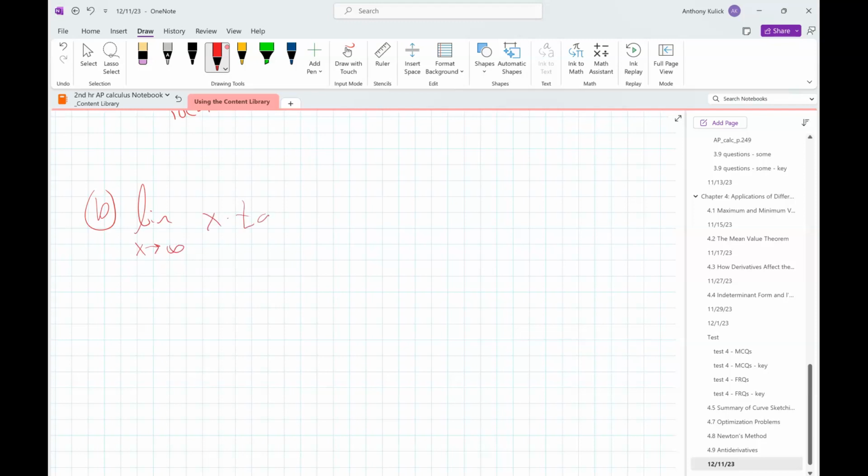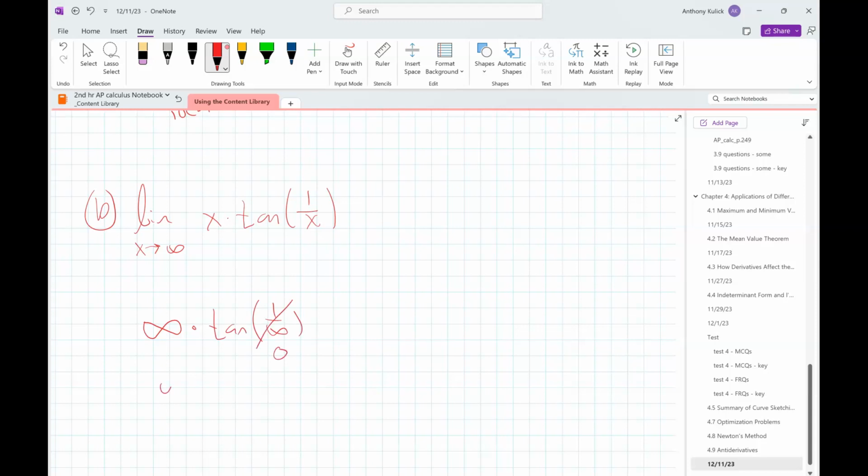Okay. Well, also the problem was that most of us misapplied L'Hopital's rule on this one. So that's why I really want to talk about it. So the first thing we should do is do a direct substitution. So x becomes infinity, and 1 over infinity is like 0, right?